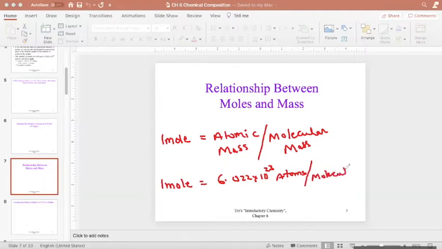I'll talk more about it, but this is an important difference. You have to know atomic mass, molecular mass, atoms and molecules. We're going to go over this topic again, but make sure you know these two concepts and how moles are related. So can I say mole is the central component? If you know the moles, you can convert that into mass or atoms, or you can say molecules.